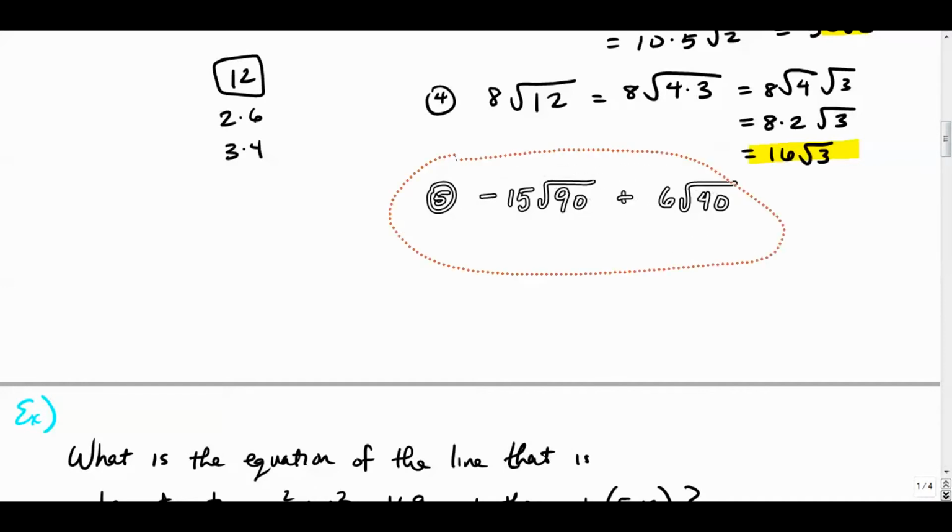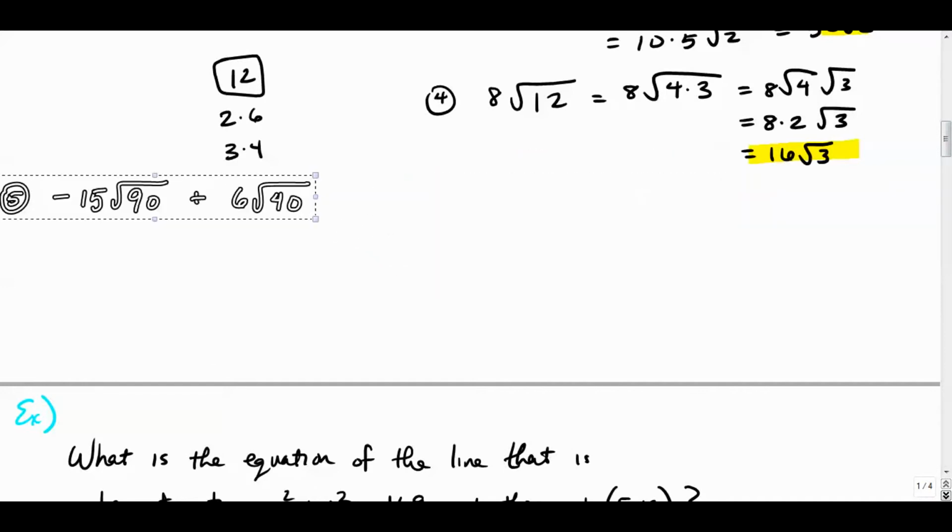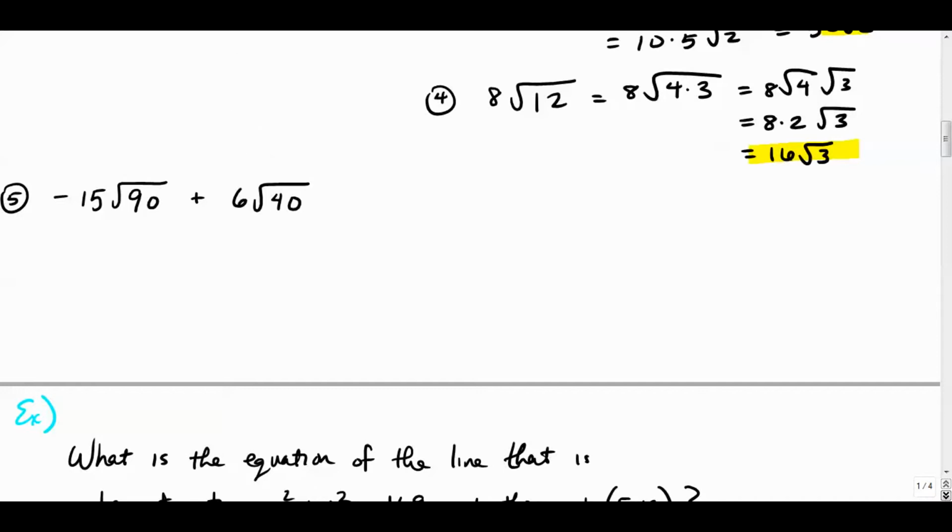We have radical 90 and radical 40. Alright, so that's interesting. They're not the same, but let's just work on them separately. So I'm going to take 90 up here. I'm going to think about the factors of 90, the numbers that multiply together to get 90.